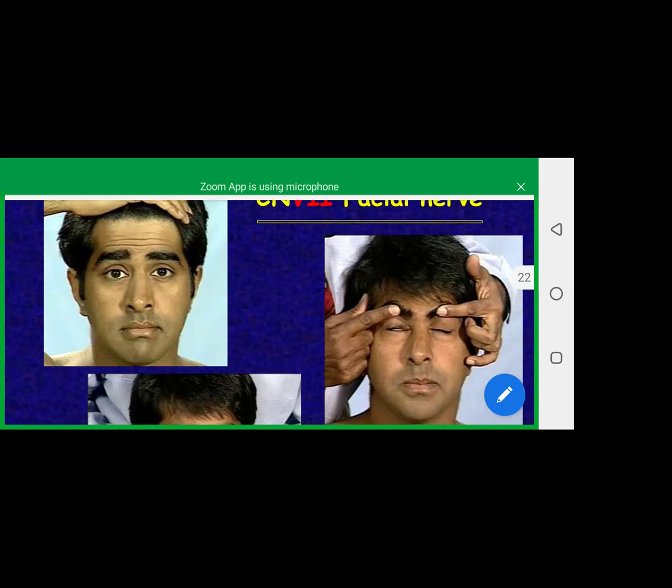From inspection, we look for deviation of the angle of the mouth towards any side. The angle of the mouth can be deviated towards the left, or towards the right. After checking whether the angle of the mouth is deviated or not, the next thing we look at is the groove between the nose and the mouth.